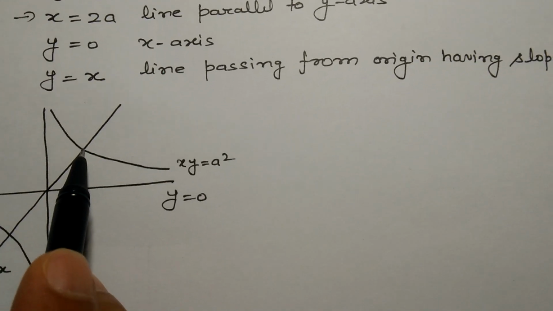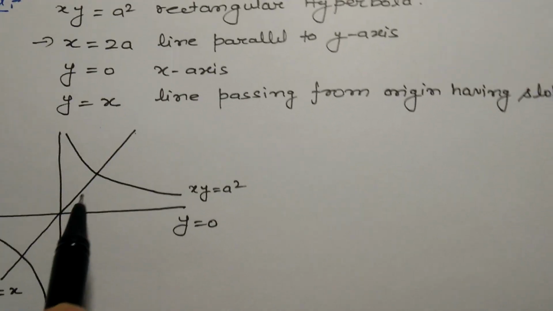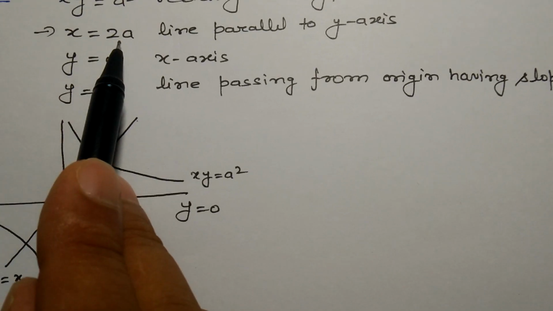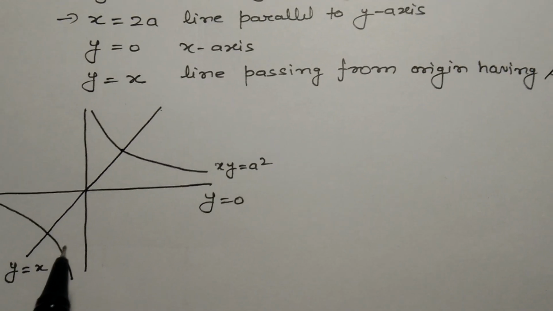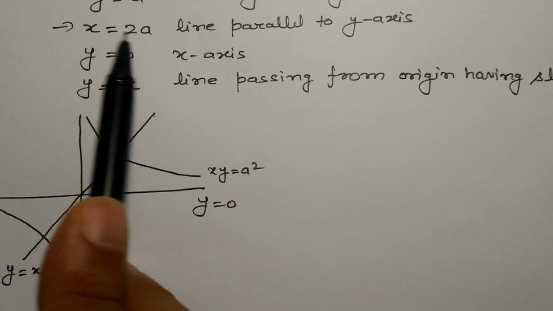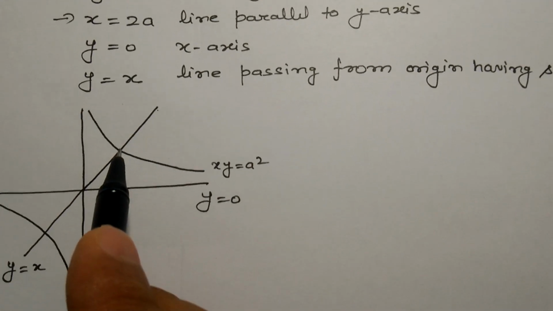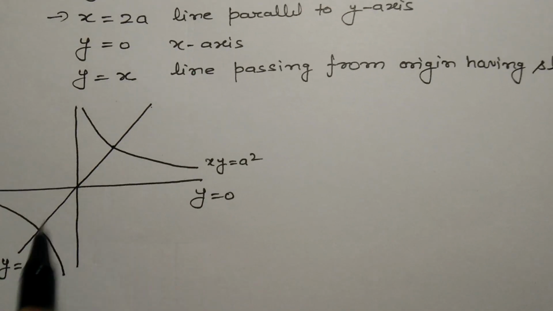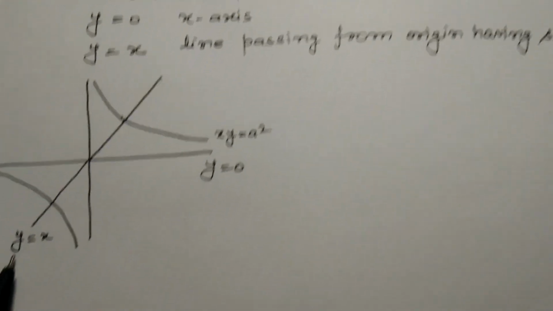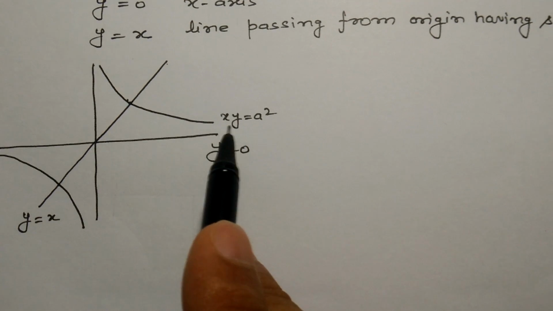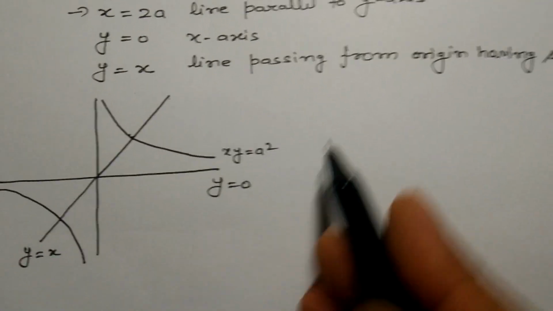I do not know whether it will pass from this point, afterward, or before. So before plotting this x is equal to 2a, I should calculate the coordinate of this point so that I can judge from where x is equal to 2a will pass. The coordinates of these two points are the intersection of the curve y is equal to x and xy is equal to a square. So we can solve these two equations simultaneously.